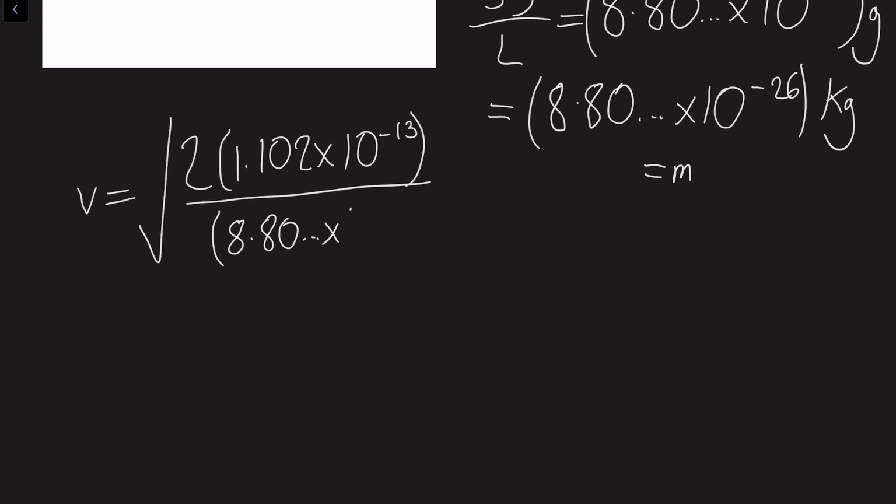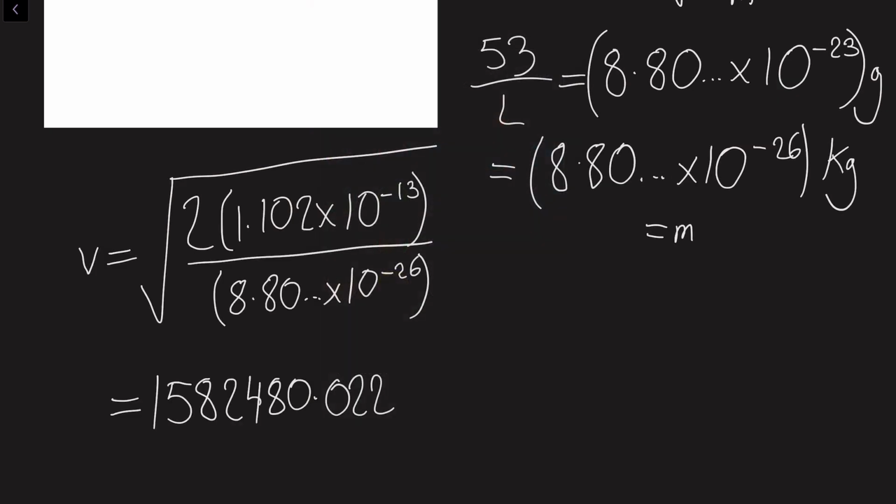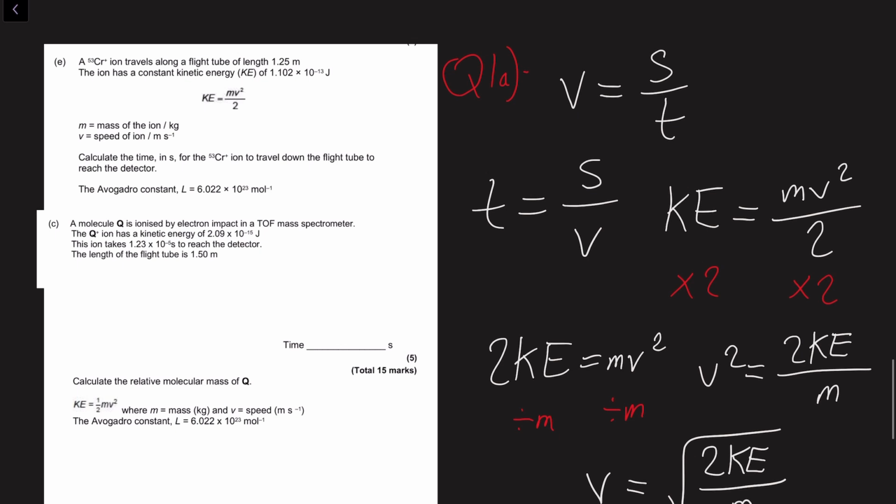When typing this in your calculator, I recommend using the answer button for the mass, so that you get the exact mass when performing this calculation. And so the velocity is equal to 1,582,480.022 meters per second. So now in order to find the time, we need to divide 1.25, the length of the tube, by the velocity.